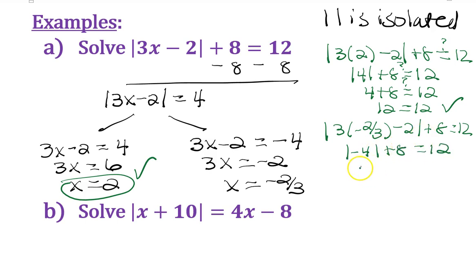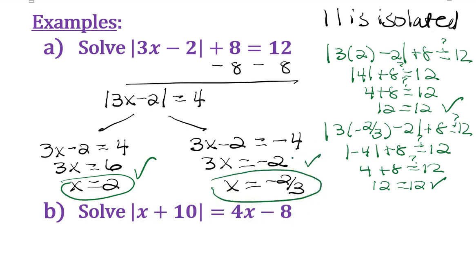Absolute value of negative 4 is 4, plus 8 equals 12. We should put our question marks again. And then we end up with 12 equals 12. So that checks as well. So this is also a solution. We end up with two different solutions. We could write them in these brackets. Negative 2/3 and 2 would be our solution set.